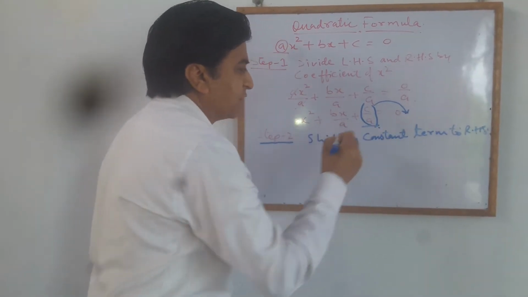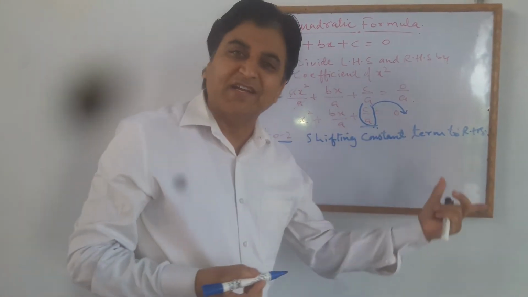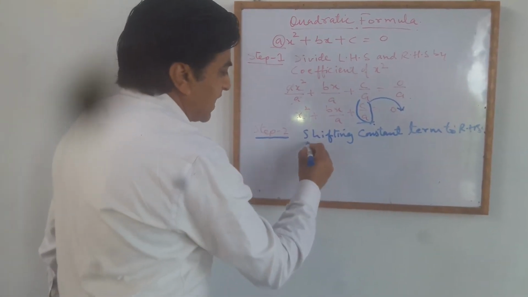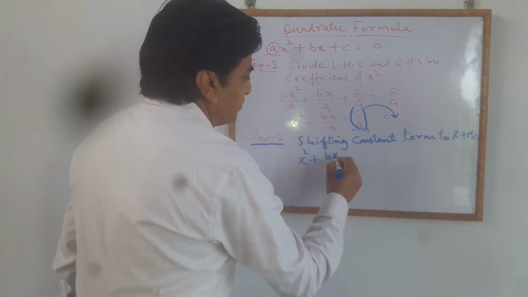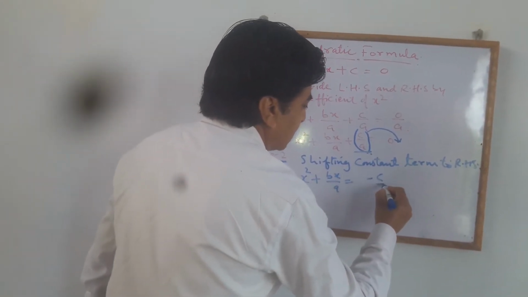What is the constant term here? The term without a variable is c upon a. We have to shift it to the right hand side. So x square plus bx upon a is equal to minus c upon a.